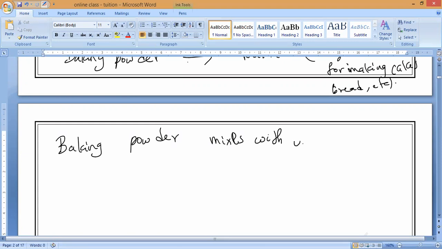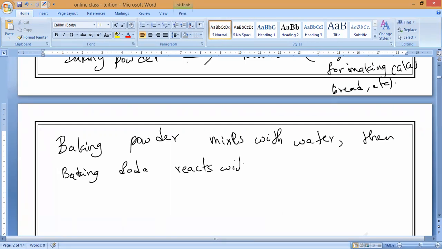Then baking soda reacts with whom? The edible acid.